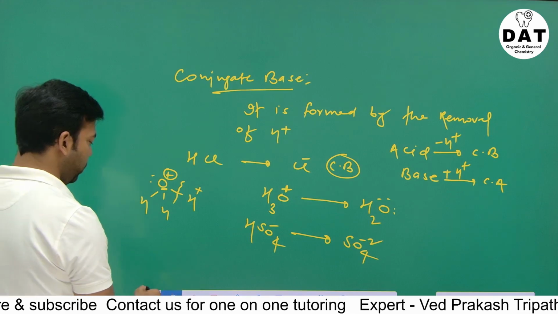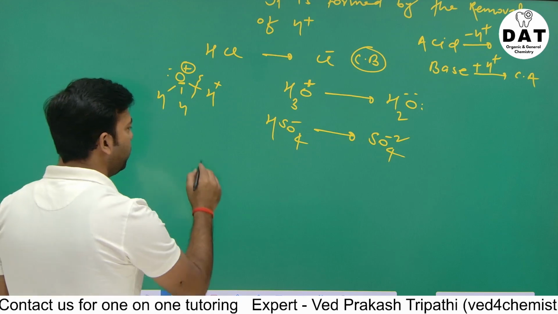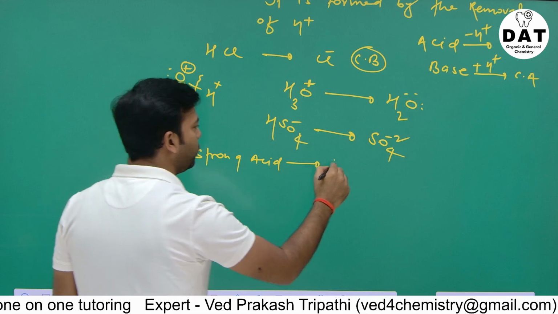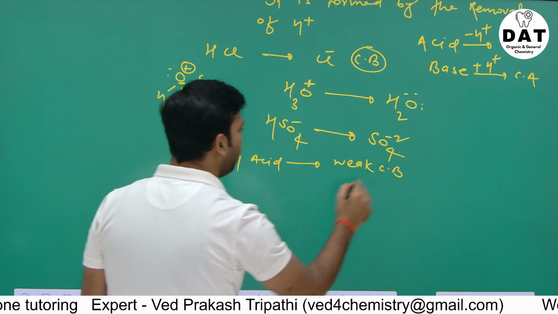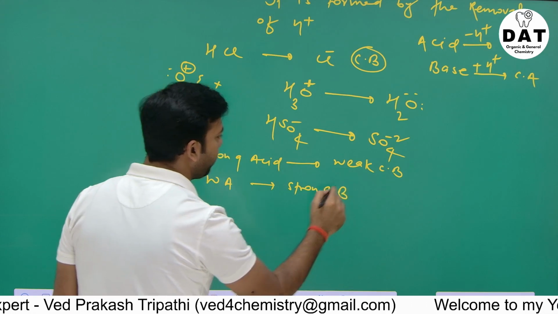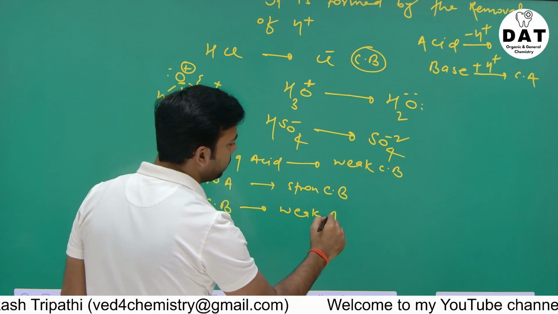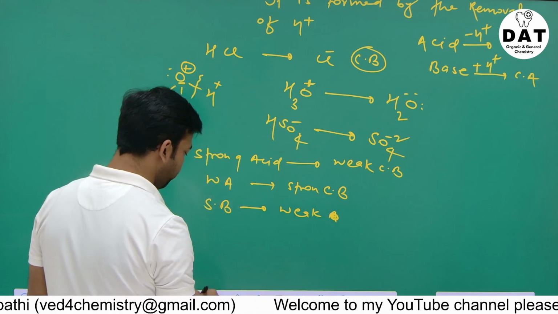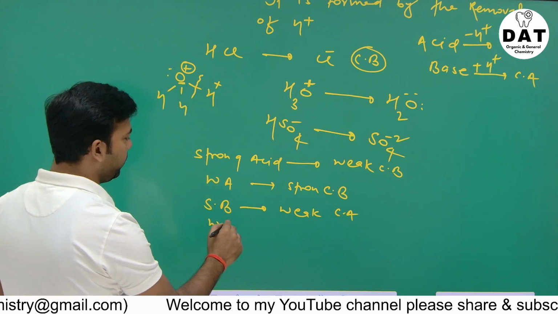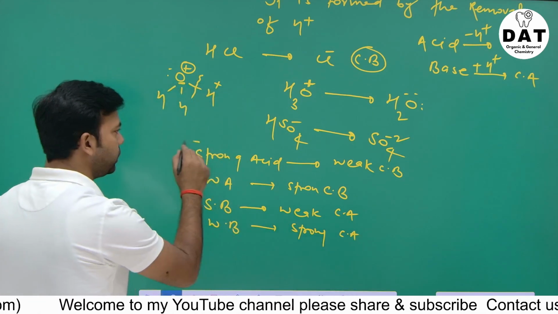And one more thing: strong acid has weak conjugate base, and weak acid has strong conjugate base, and strong base has weak conjugate acid, and weak base has strong conjugate acid. Clear? So this is very, very important.